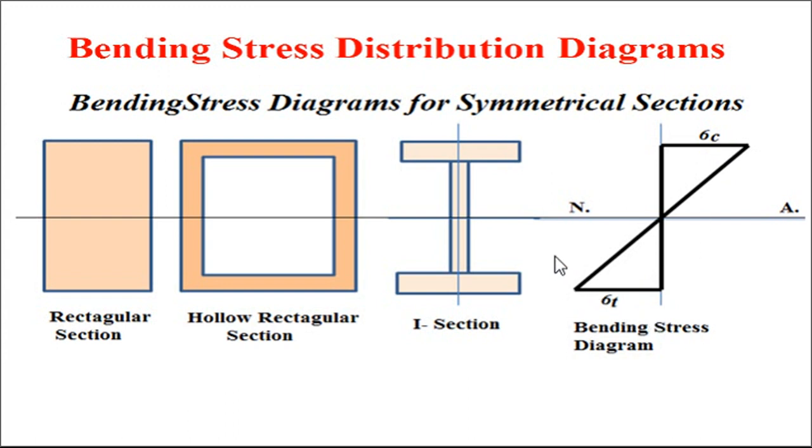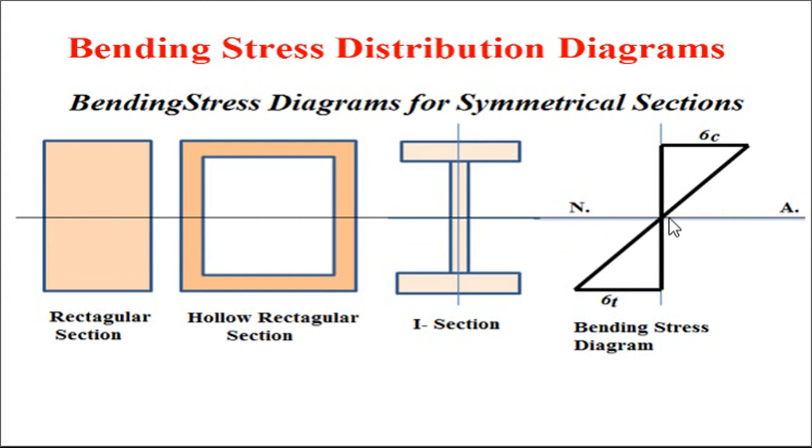Now, what are the symmetrical cross sections? Here you can see a rectangular cross section of width B and depth D, and a hollow rectangular cross section of outer width B and inner width b, and outer depth D and inner depth d. Even the I section is symmetrical. Whenever sections are symmetrical, the neutral axis is always at the center, means above and below the neutral axis the area remains the same.